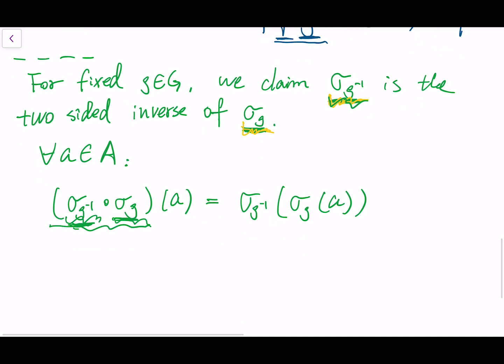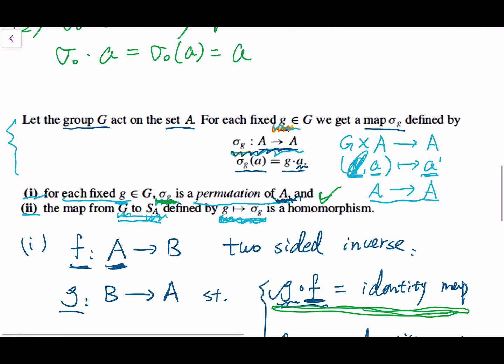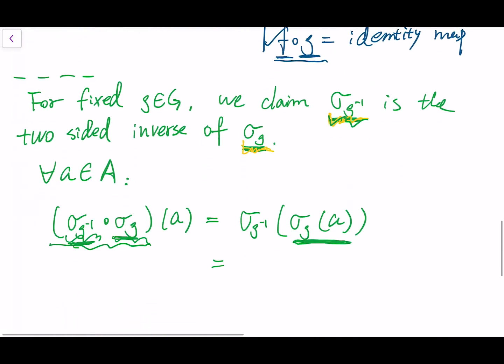This is how the composition of maps works. Then, according to our definition of the sigma g notation, when we map the element a by sigma g, it is equal to using the element g to act on this element, so we get g inverse acting on g dot a.